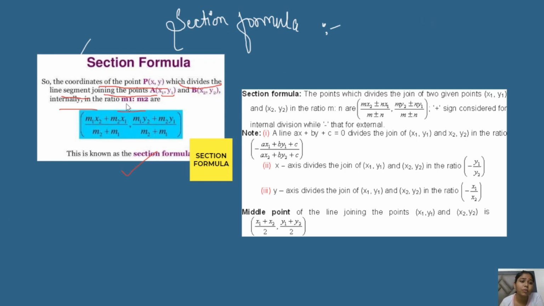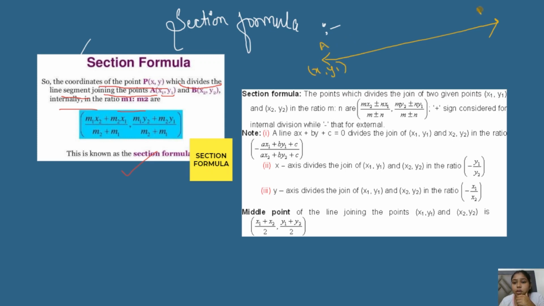So basically, let's just suppose this is a particular line. How will we define the line segment? Let's just suppose this is a line A with x1 y1.